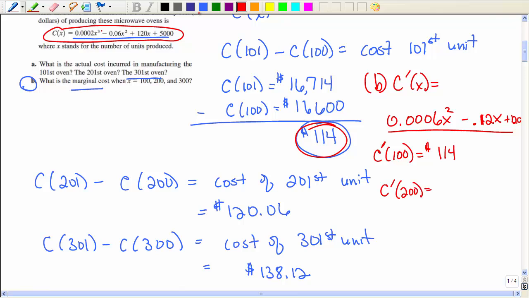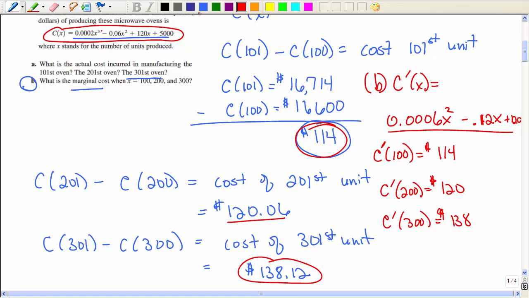Then we can take that derivative and put in 200, and we will get $120, comparing it to $120.06. And then the marginal cost of 300 units is $138. All right, so let's see. What are we comparing?